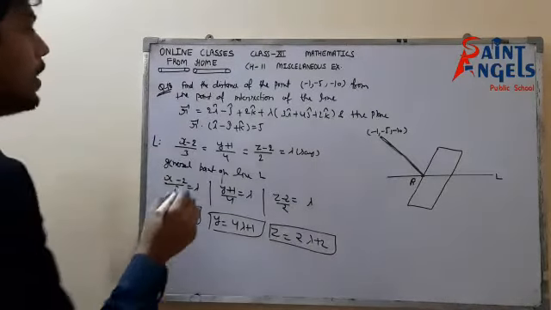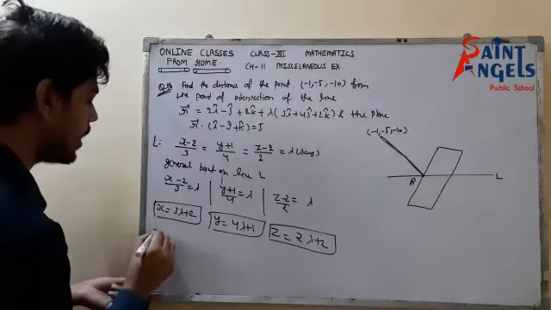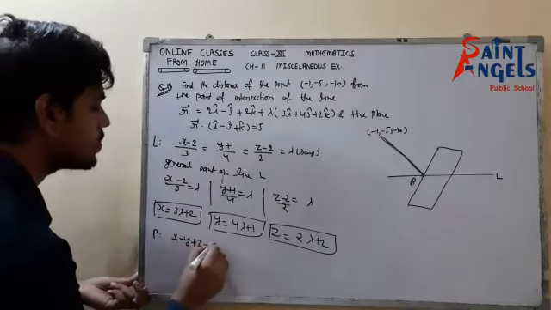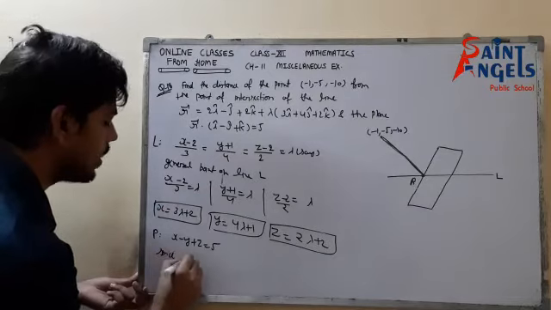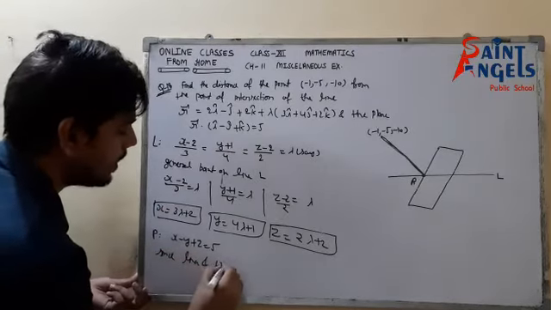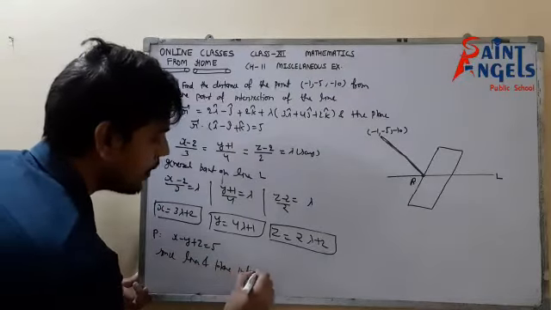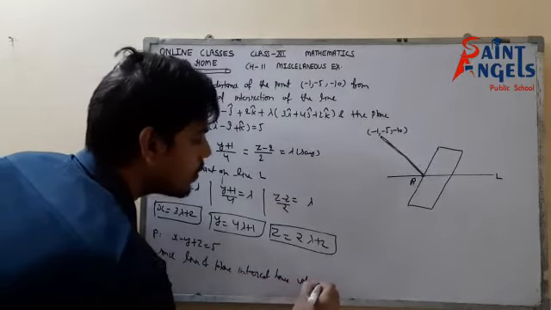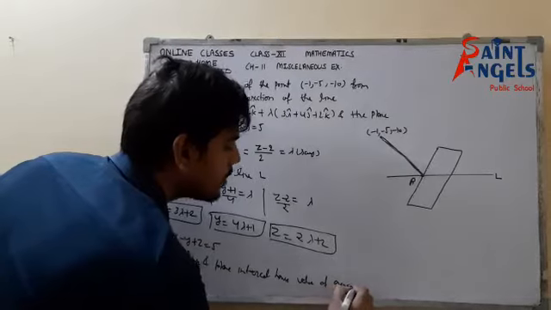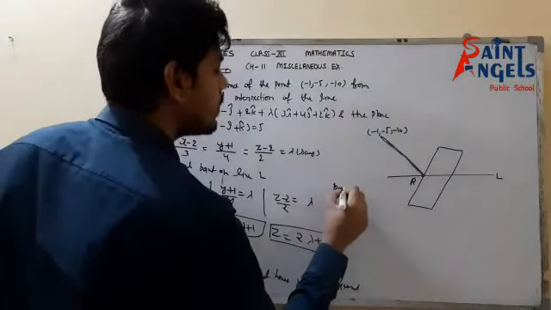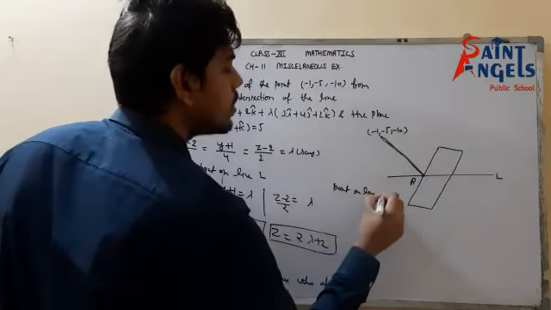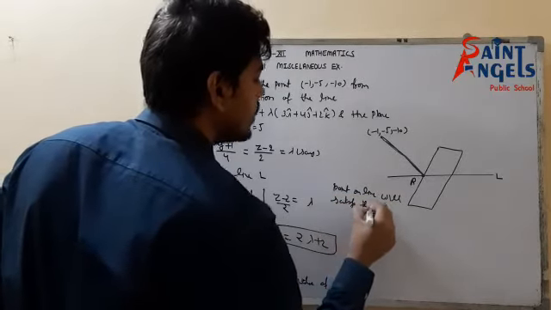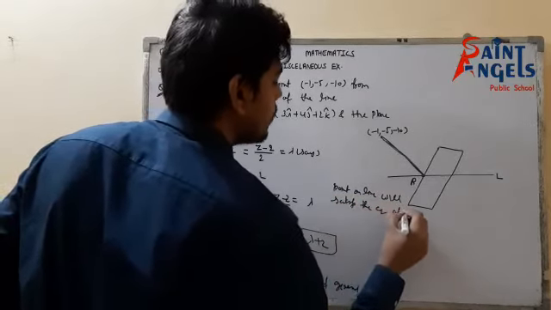Now the equation of plane in Cartesian form would be x minus y plus z equals to 5. Since line and plane intersect, hence the value of the general point on line will satisfy the equation of plane, isn't it?